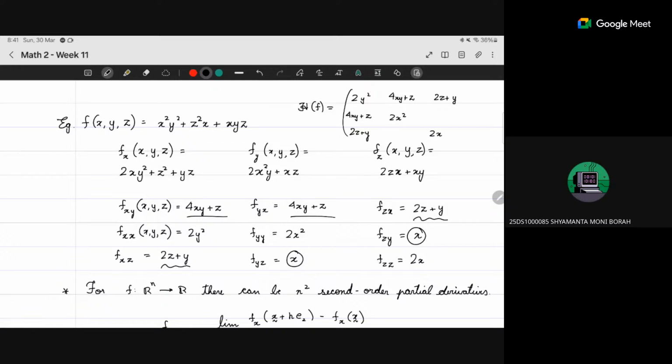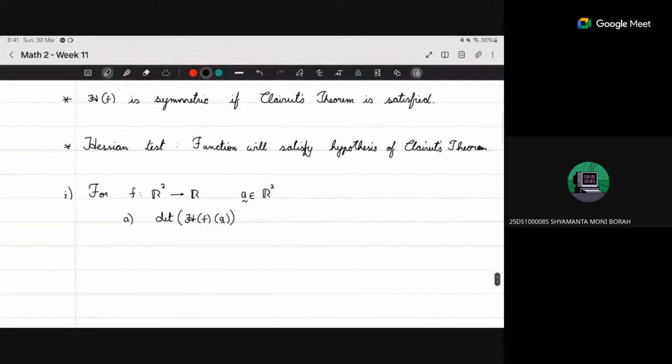The other one is yz, xx. So you see, this is a matrix of functions. So when you say HF at a point, you actually evaluate it at some point. You can just plug in the values of x, y, z and get the corresponding answer. That's what HF at the point A tilde means.